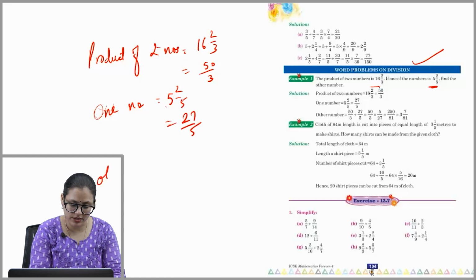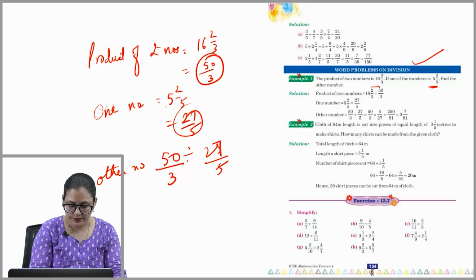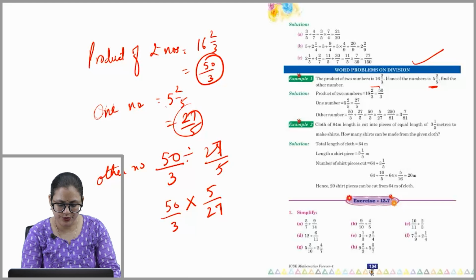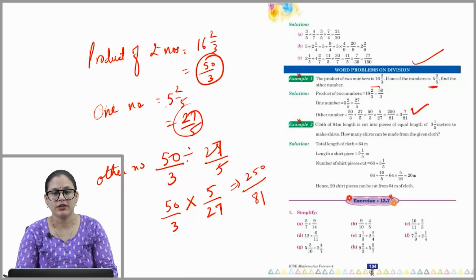So we have to find the other number. What will you do? You will divide 50 by 3 by 27 by 5, taking the reciprocal and multiplying. So 50 into 5 is 250 and 27 into 3 is 81, and then you will write it as a mixed number.